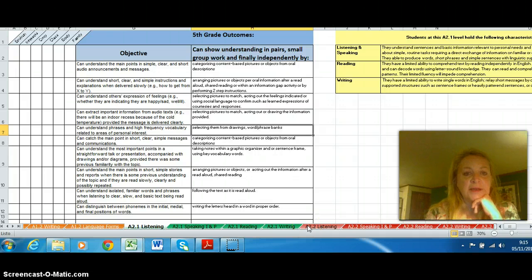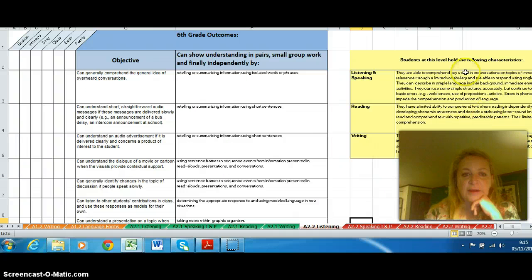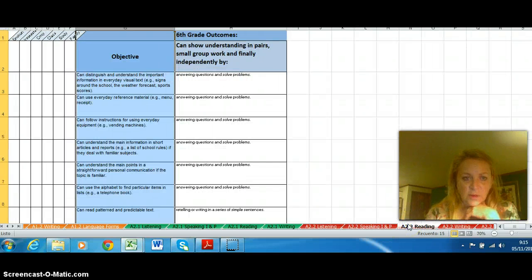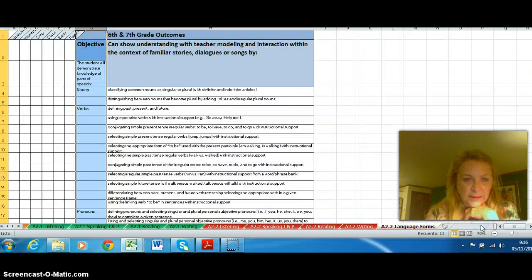So if you can see here for grade 6, we have the same thing going on here. Okay. Now, something you might have already noticed, well, let me just go ahead and show you this. Speaking, reading, writing, and again, for the language forms, I put them for 6th and 7th grade. So again, there's a bridge for tercer ciclo.